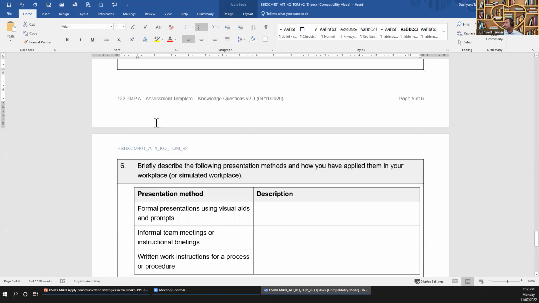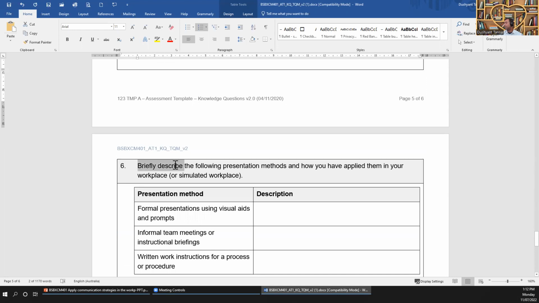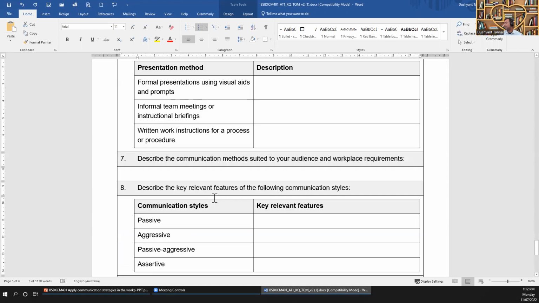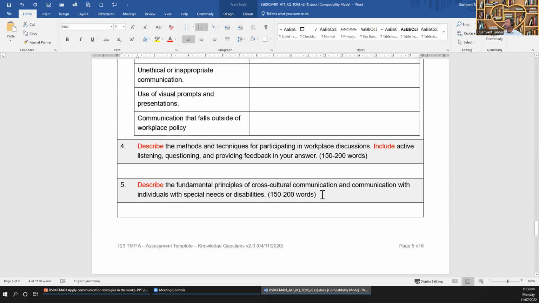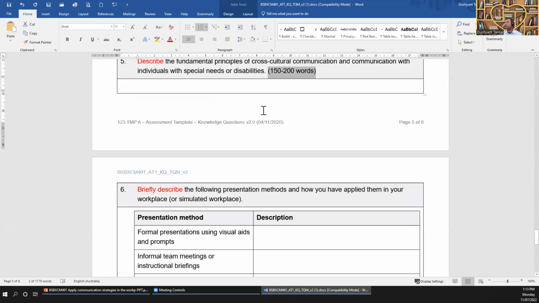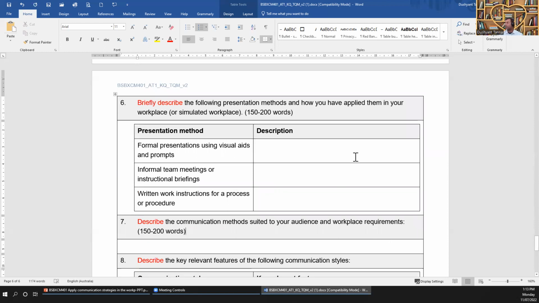Briefly describe, because there's more than one, again describe and describe. Okay, all of them are 150 to 200 words. 150 minimum. You can go for more than 200, no problem. You got enough space.